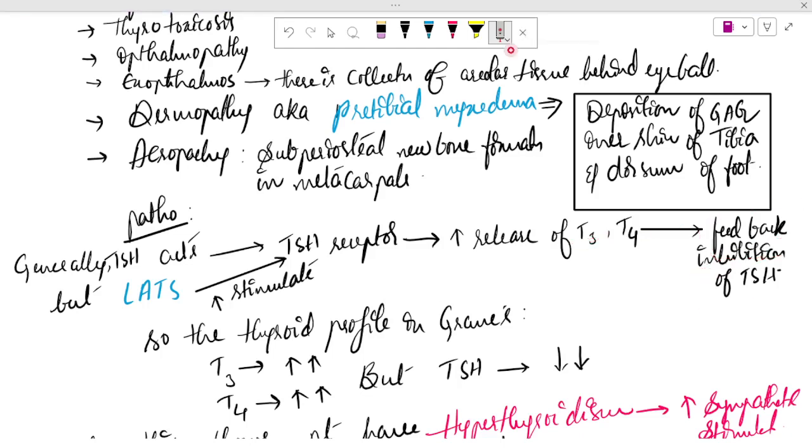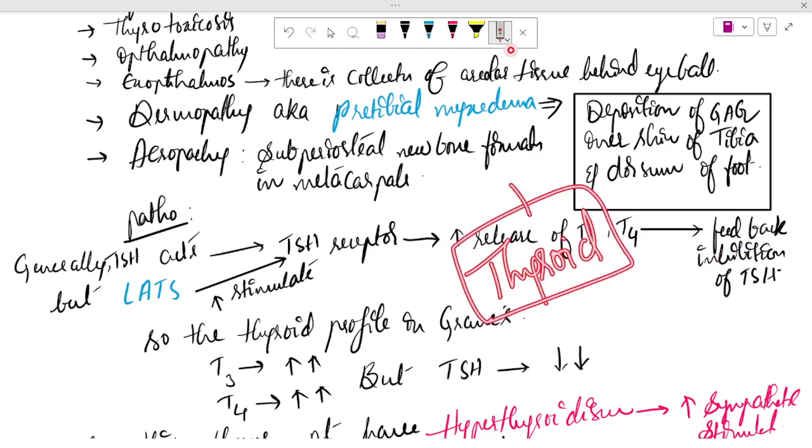Previously we already discussed types of homeostasis regulation: feedback inhibition, upward regulation, downward regulation, right? So the increased release of T3, T4 inhibits the further release of TSH, thyroid stimulating hormone.